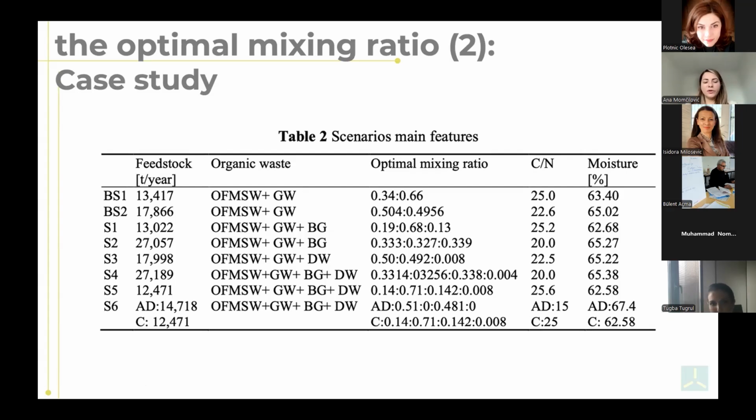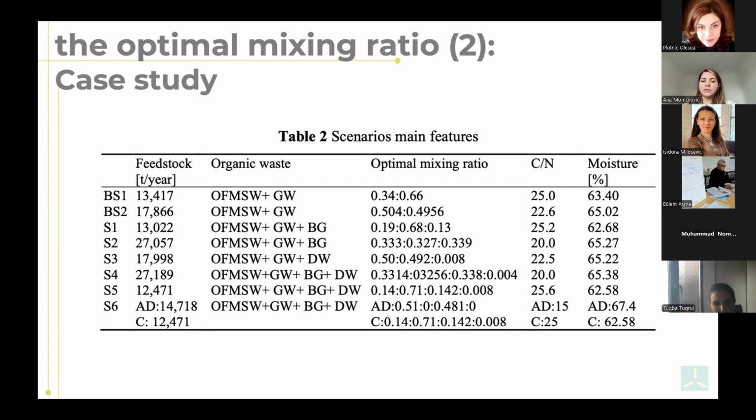There are a few of them. Baseline scenario 1, when we have only organic fraction of municipal solid waste and garden waste. Also baseline scenario 2, when we have also those two, but one is dealt with anaerobic digestion, the other one with composting.